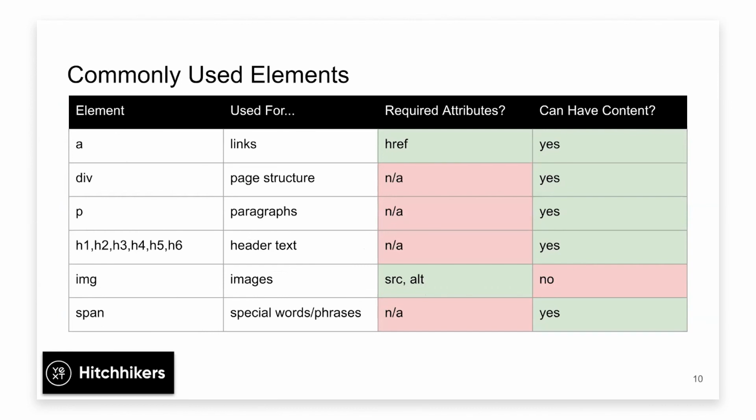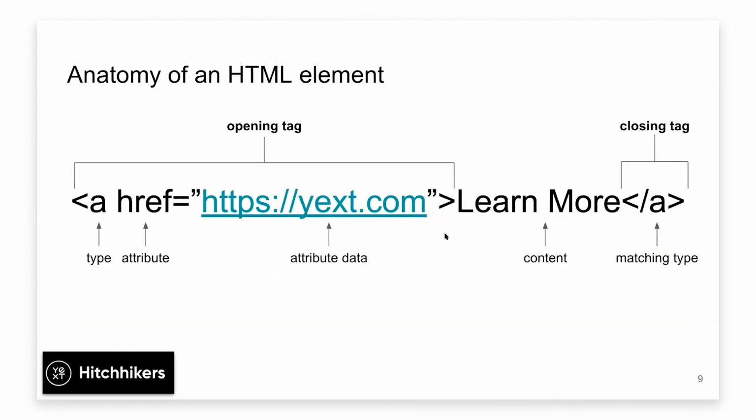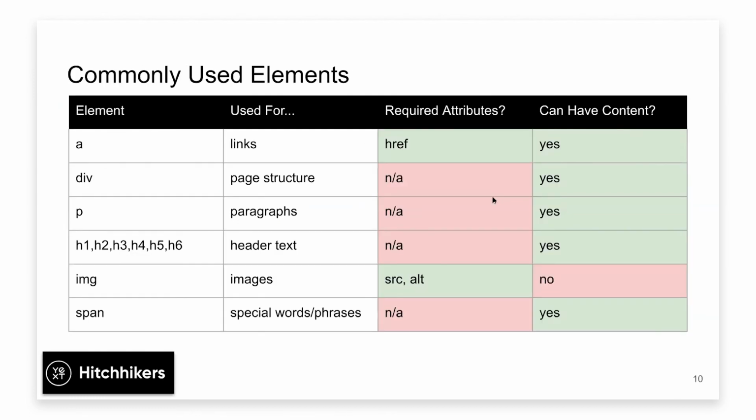This is primarily used for accessibility reasons. Because the image tag has these two attributes, it does not allow content and doesn't have a closing tag. It only has an opening tag. So there is no place to put content in it, because it doesn't make sense for an image tag to have content. It is simply an image. The other elements, except for the A tag, do not have required attributes.